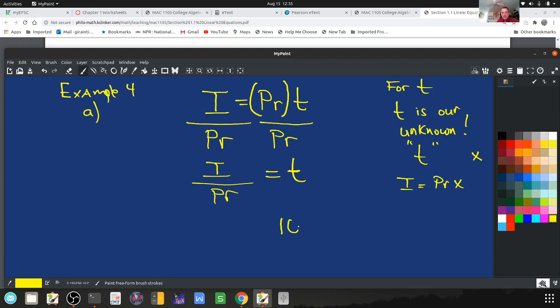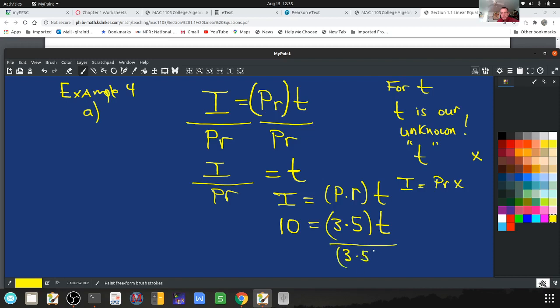Suppose I had 10 is equal to 3 times 5 times T. I is equal to P times R times T. I'm hoping you would immediately just divide both sides by 3 times 5 and declare that 10 divided by 15, because 3 times 5 is 15, is equal to T, or if you wanted to simplify that, 2 divided by 3 is equal to T.